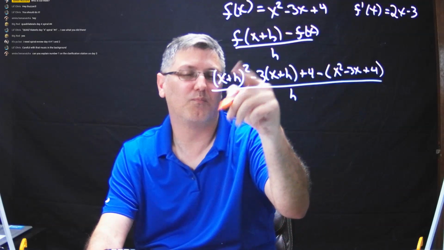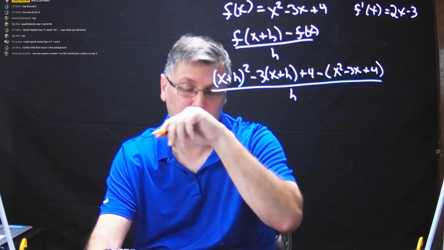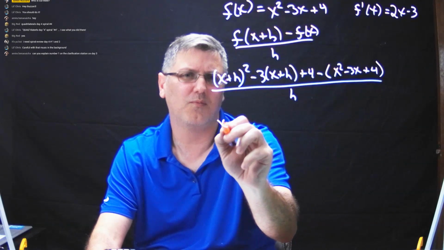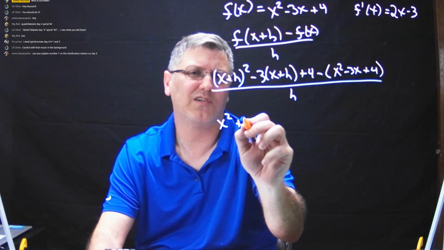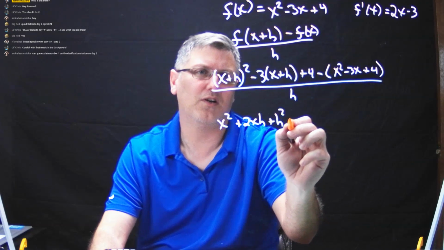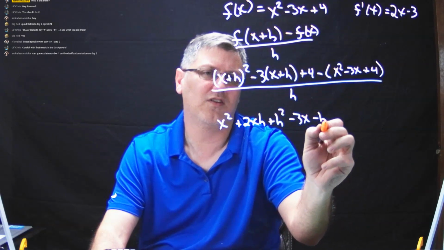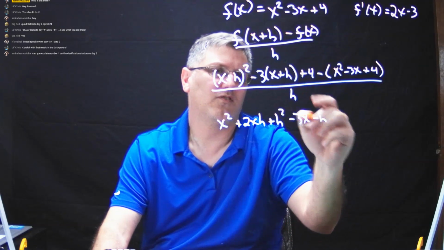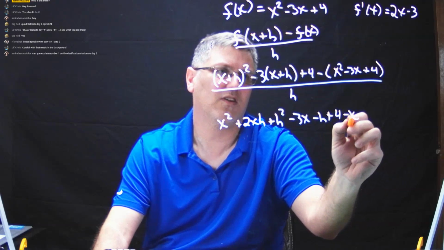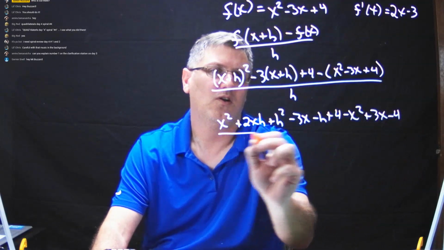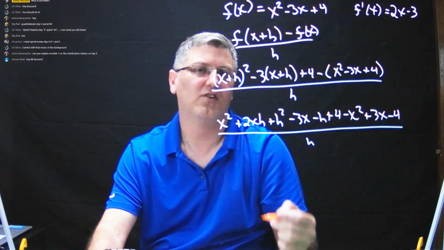That's a perfect square binomial. So that's going to come out to be x squared plus 2xh plus h squared minus 3x minus h. Where am I at? Plus 4 minus x squared plus 3x minus 4, all over h.